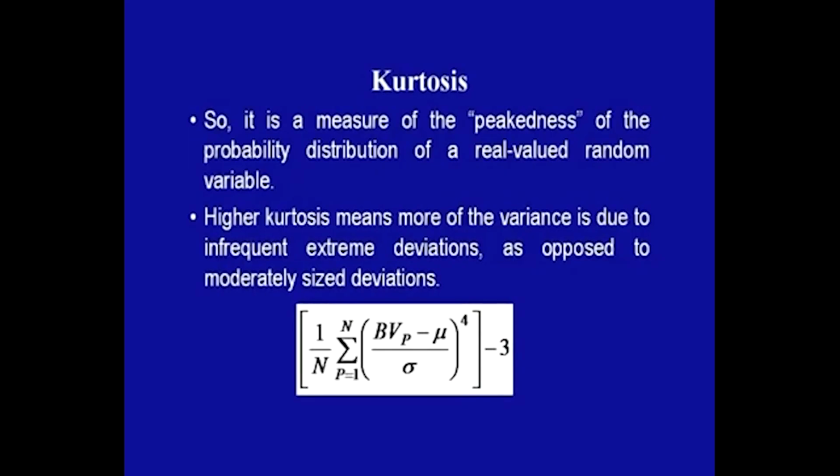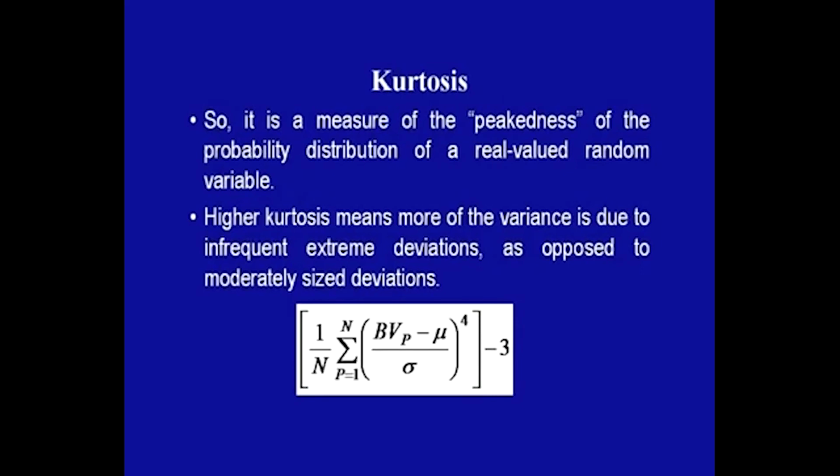So, it can be said that it is a measure of the peakness of the probability distribution of a real valued random variable. Higher kurtosis means more of the variance is due to infrequent extreme deviations as opposed to moderately sized deviations.